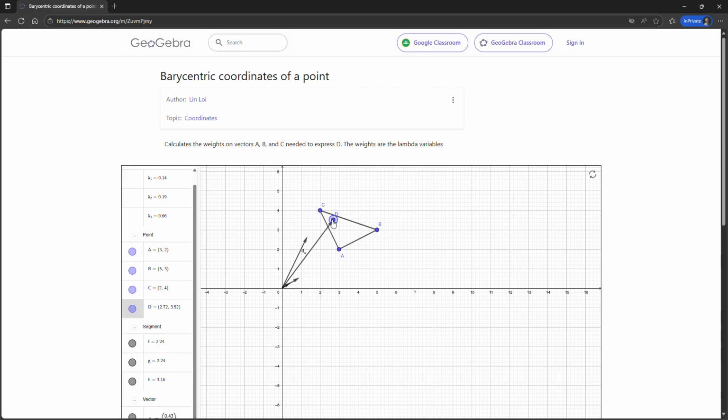The only rule we have with these weights, for each one of these numbers, is that the weight has to be greater than or equal to 0 and less than or equal to 1. Again, that's the rule for each individual weight.